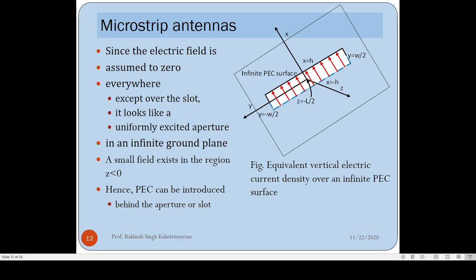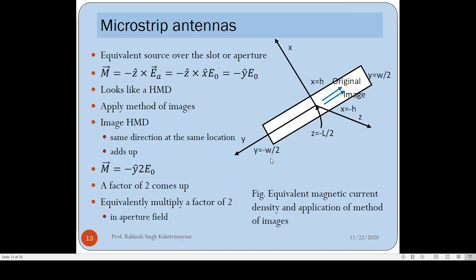The argument is that since the electric field is assumed to be 0 everywhere except over the slot, it looks like a uniformly excited aperture in an infinite ground plane. So you can assume that there is an infinite ground plane here, and there is a uniformly excited aperture here. So in that case I can still apply the method of images here.